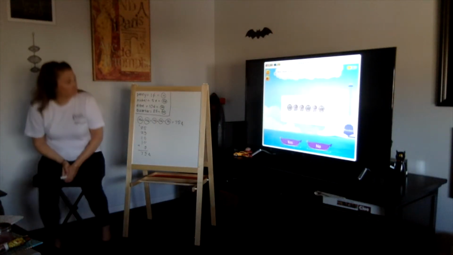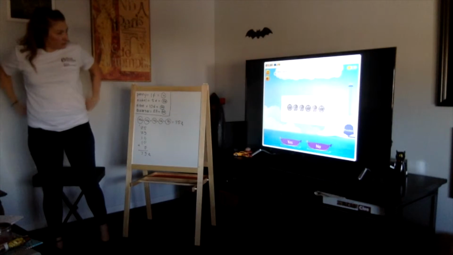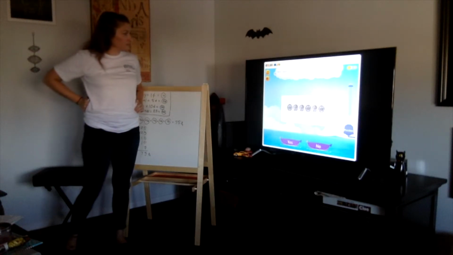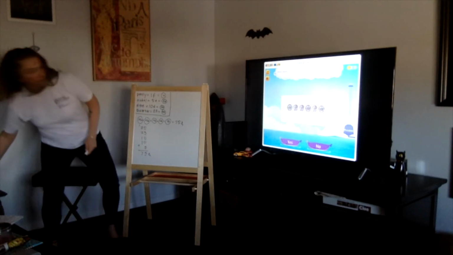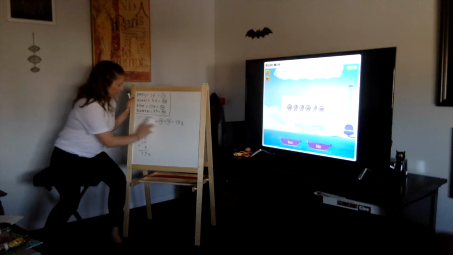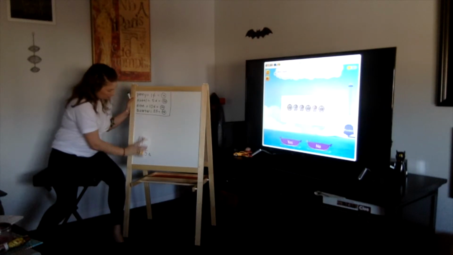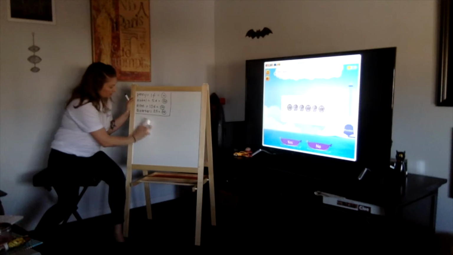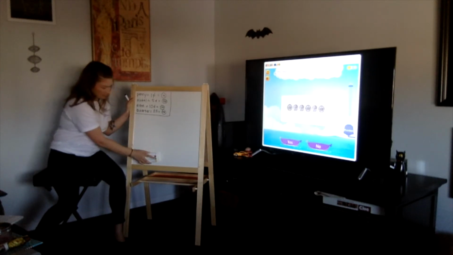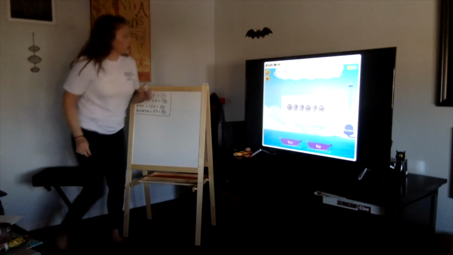Chris needs to buy a marble for 60 cents. He has the following coins. Does he have enough? Okay, so that says Chris needs to buy a marble for how many cents? 60 cents. He has the following coins. Does he have enough? Okay. So these are the coins that Chris found in his pocket.